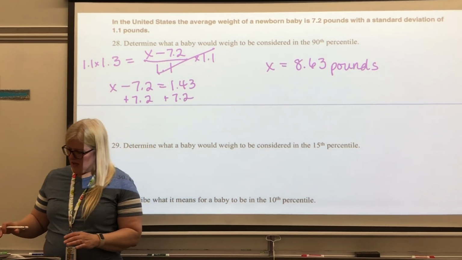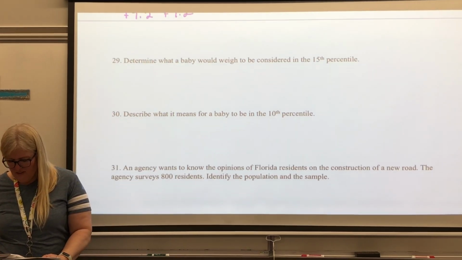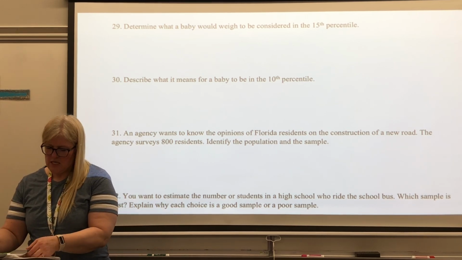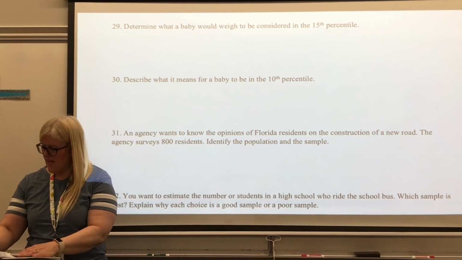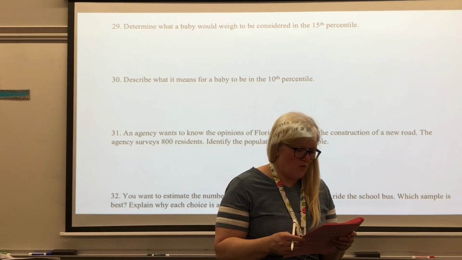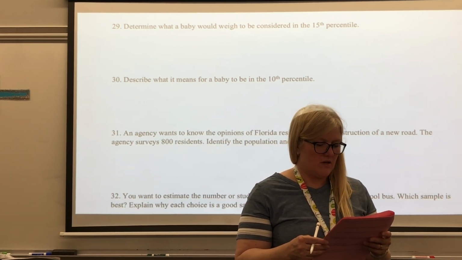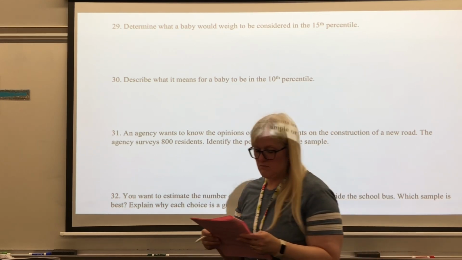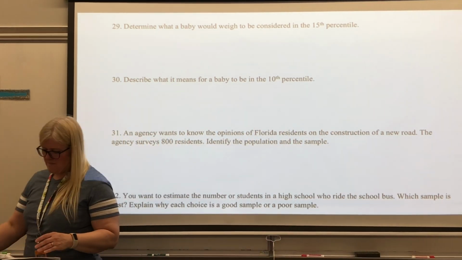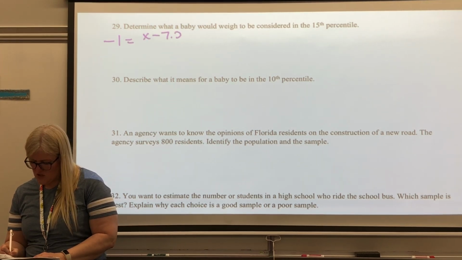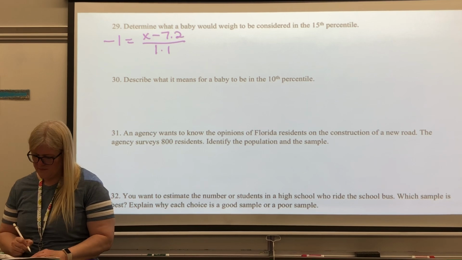All right, same question, but this time the 15th percentile. Again, if we look up in our table, the closest I can get to 0.15 looks like -1.0. So -1 equals x minus 7.2 over 1.1.